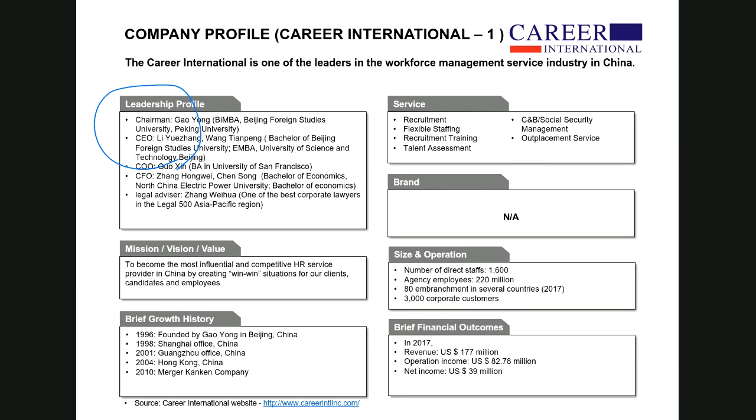Personally, I start by analyzing the people first in order to conduct the internal analysis, the company analysis. I start with the leadership profile, who are they. Then the mission, values, growth history, service, brand, and size, as much as possible.